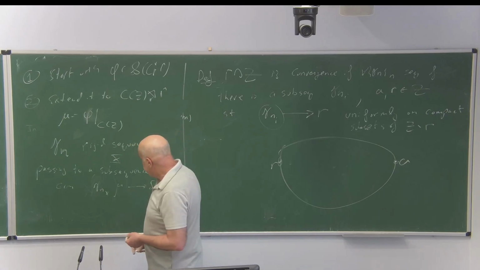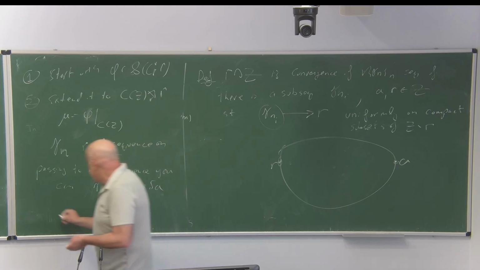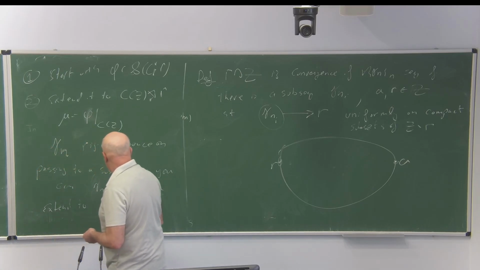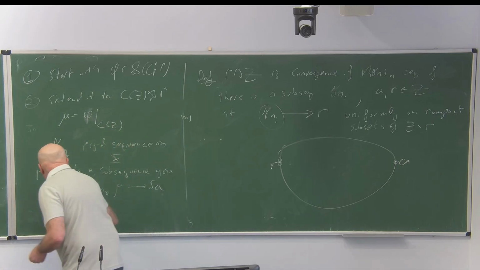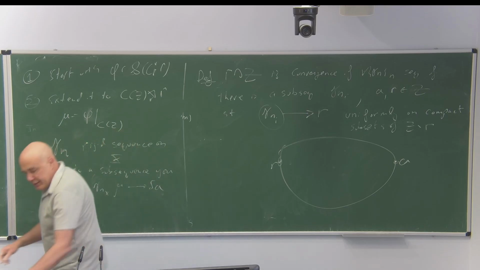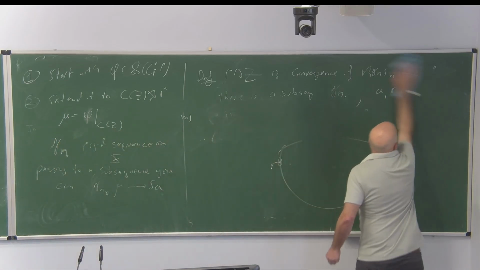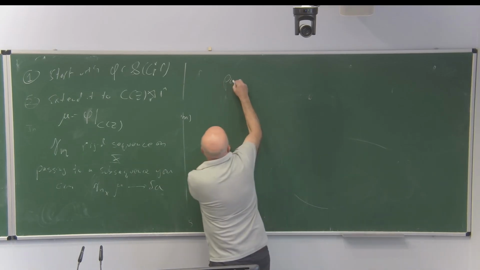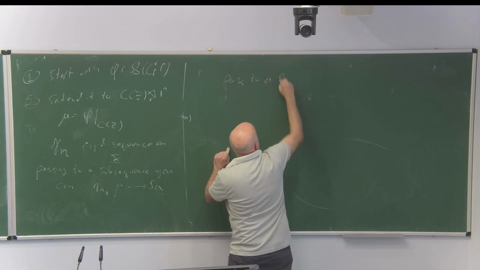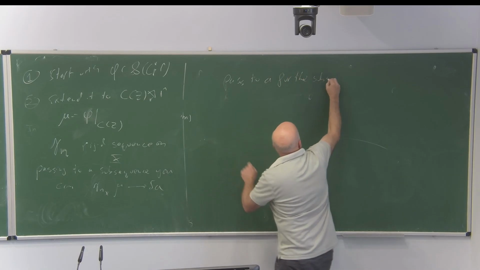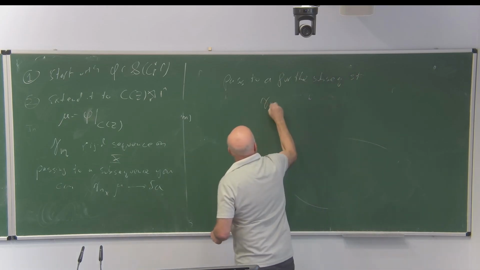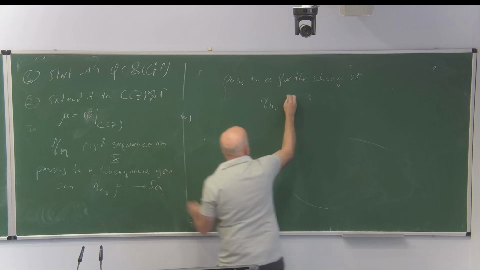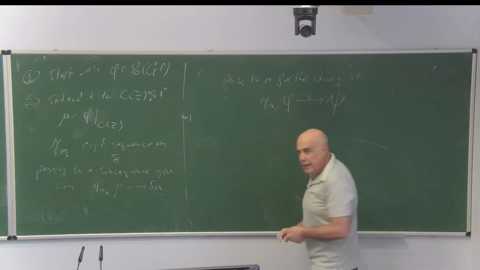And now you can pass to a further subsequence such that gamma ni of not just the restriction to C of Z, but of phi itself converges to some psi.